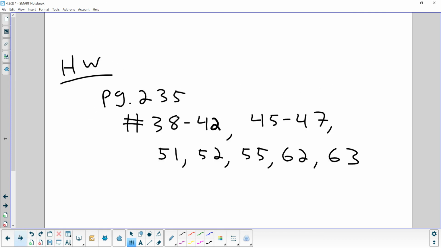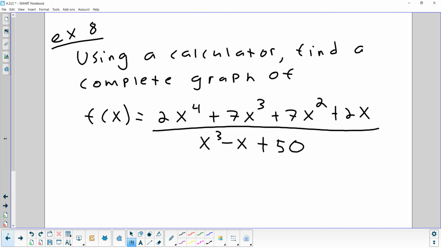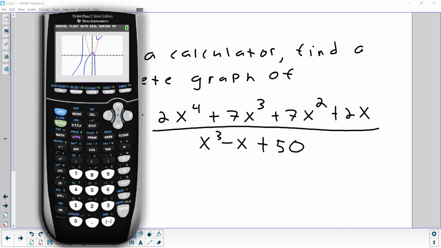All right, they just want us to graph this and see what's happening. It's to kind of prove a point about when you graph something, what can happen.